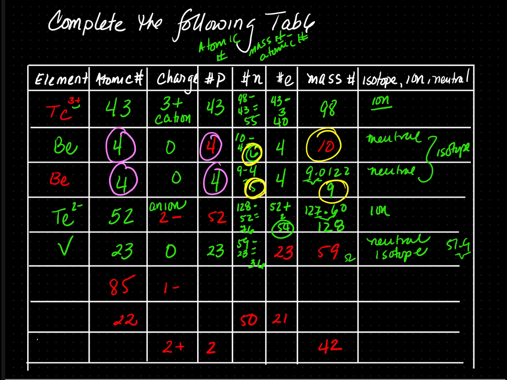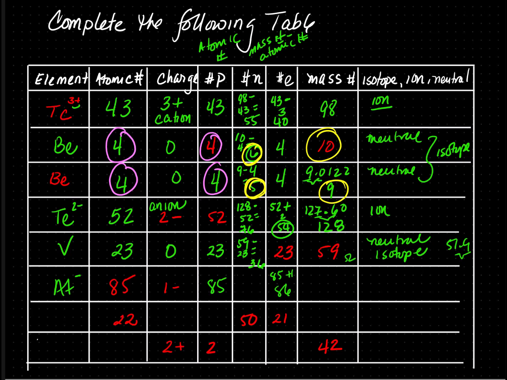85 on the periodic table is astatine, At. Since the atomic number is given, it is also equal to the number of protons. This is not a neutral atom. It has a charge of -1, so it has more electrons. So it's 85 plus 1, which is 86.